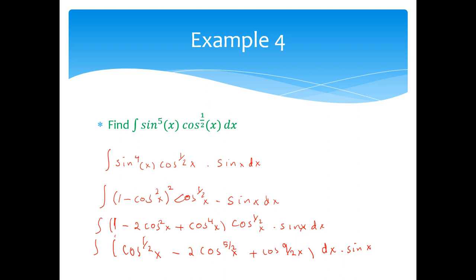So now we're going to use the u substitution. We're going to say u is equal to cosine x, and then du is equal to negative sine x dx. That means everything here is going to be negated.